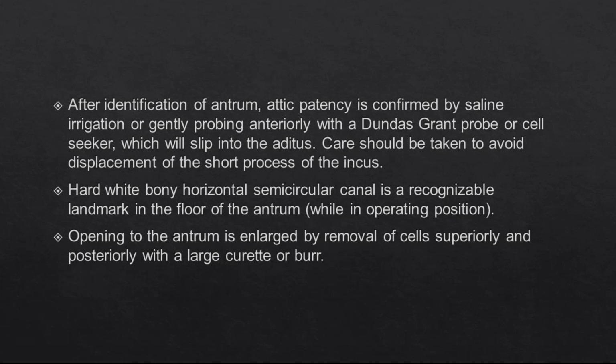So you can remove it piecemeal, but if there is a cholesteatoma sac over the lateral semicircular canal, then you should be very careful before teasing it out, because sometimes what happens is the cholesteatoma, after eroding the bone, sits over the semicircular canal.